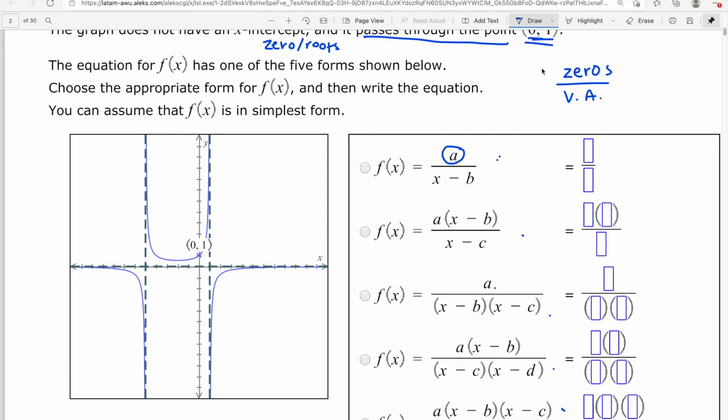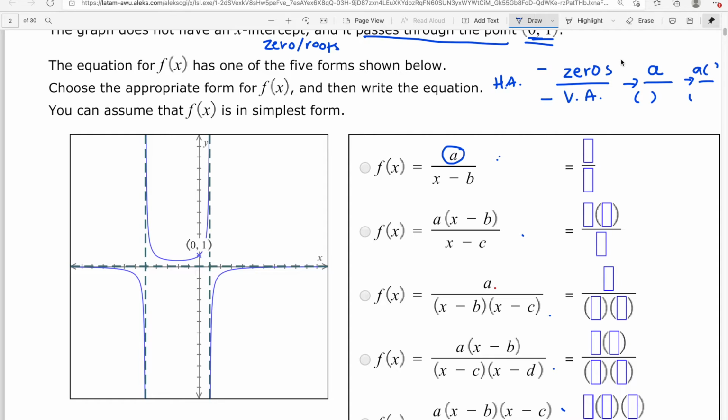And the degree of each x can give us the horizontal asymptote, right? Having this in mind, if there are no zeros, it can either be something like this with just one, depending on how many vertical asymptotes you have, or something like this, also depending. So which one will we choose?